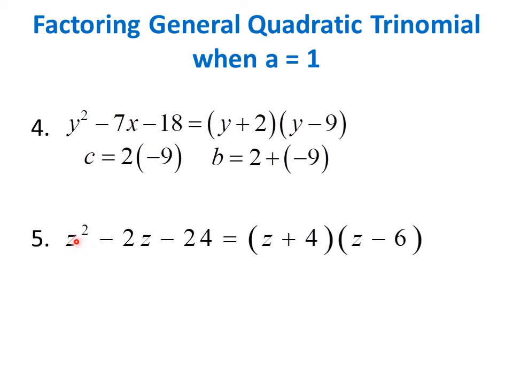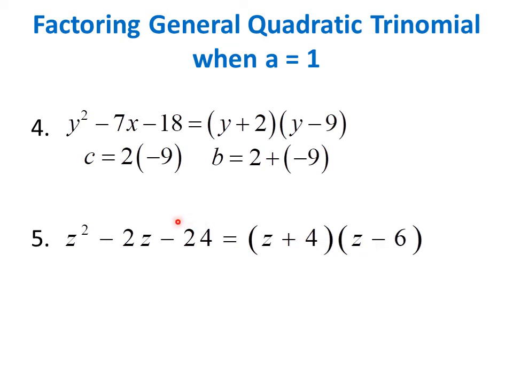Okay, lastly, how do we factor z squared minus 2z minus 24? This is a general quadratic trinomial with a equal to 1, therefore the factors are two binomials. Then we have to get the square root of z squared, that's z. So we will have z here, and over there z. Now we have to look for two numbers.